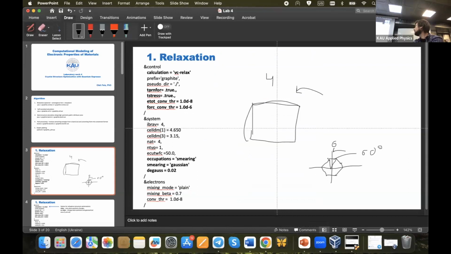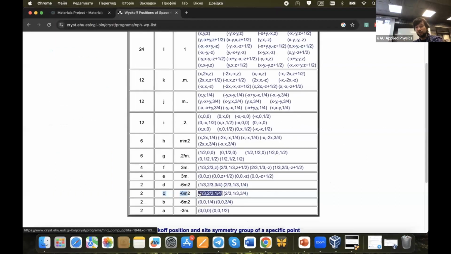So it will be -1/3. And what does -1/3 mean? It means the same as 2/3. So if we rotate 1/3, we will get 2/3. And if we rotate 2/3, we will get 1/3. It all comes from this 6 rotation, from rotation by 60 degrees, and the same thing with 1/4 and 3/4.